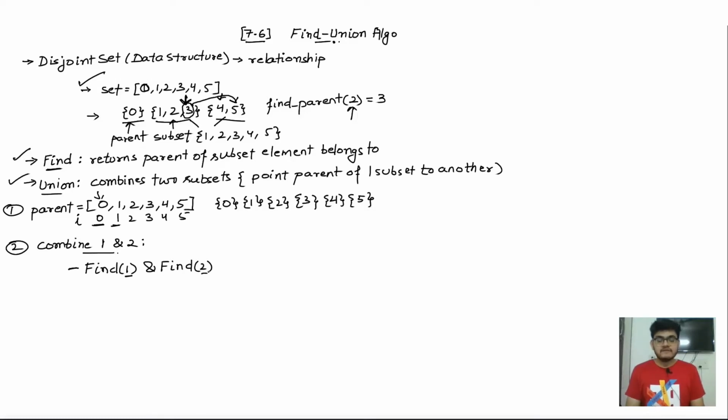Whenever we want to combine 2 elements or 2 subsets, we first find the parent of that subset, because that is the key of this algorithm, because we only combine the parents of the 2 subsets. So you can see find parent of 1 and find parent of 2. We can find it from here in the given parent set.